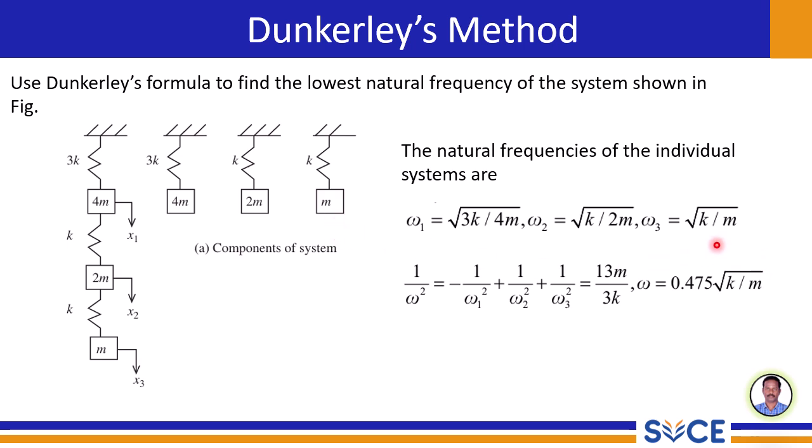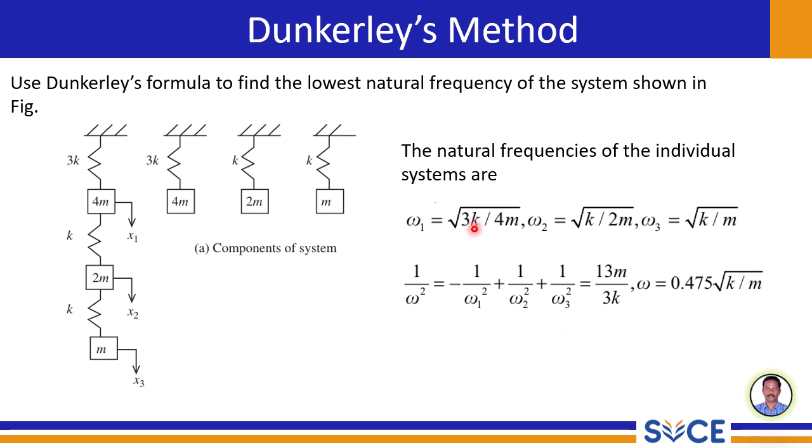We apply Dunkerley's formula, which states 1 by omega square equals 1 by omega 1 square, that is the first mass frequency, plus 1 by omega 2 square, second mass frequency, plus 1 by omega 3 square, third mass frequency, root of k by m.